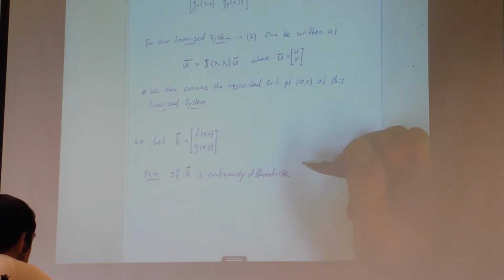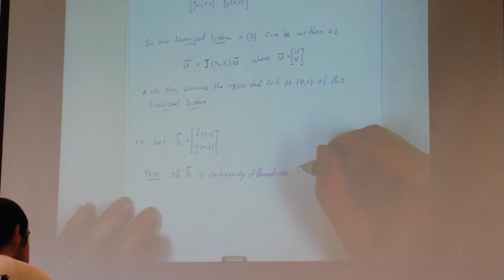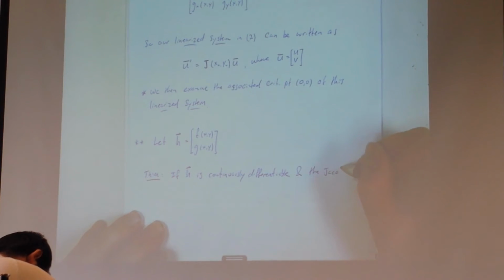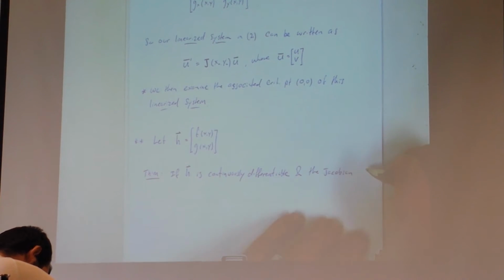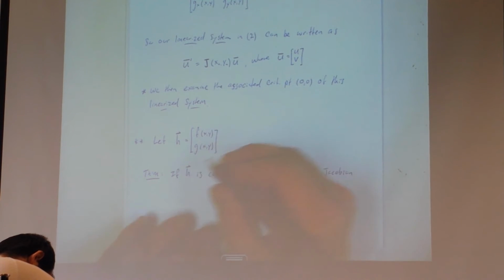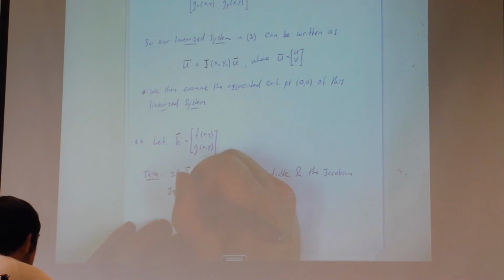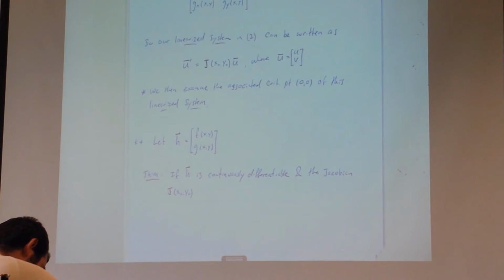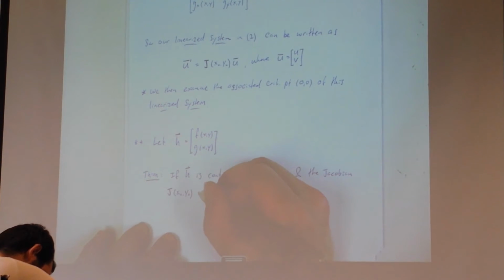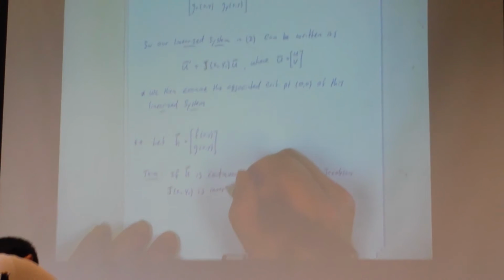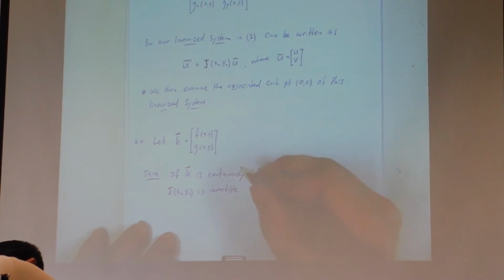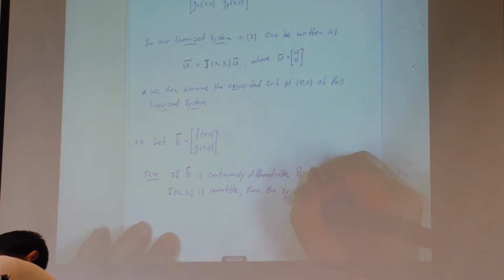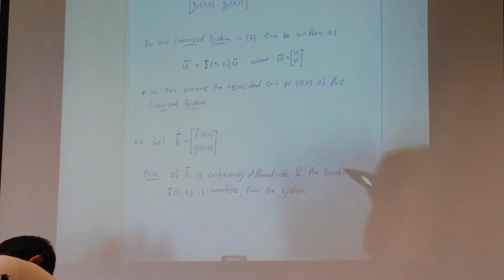All right, so if they're continuously differentiable and the Jacobian matrix evaluated at the critical point is invertible, then the original system is almost linear.